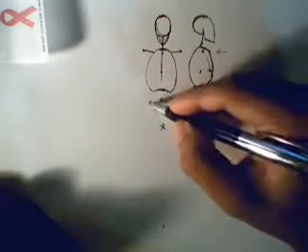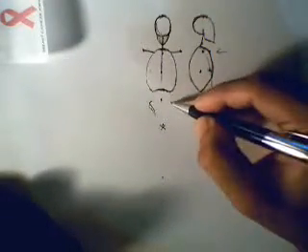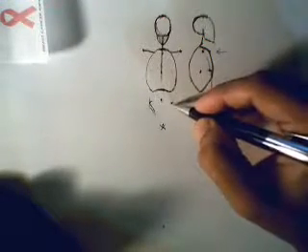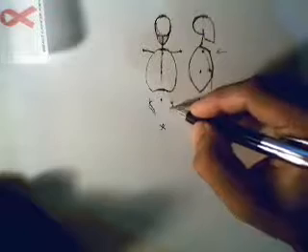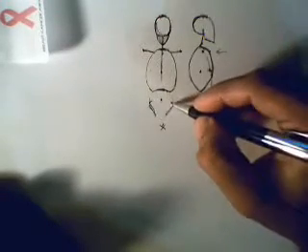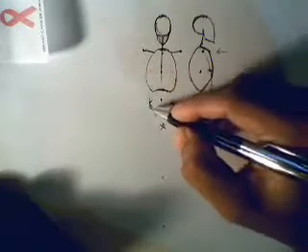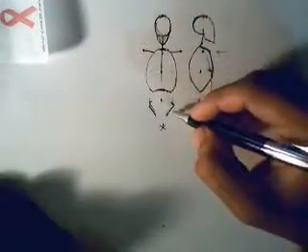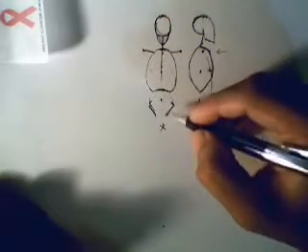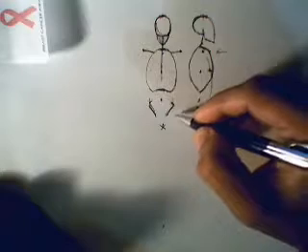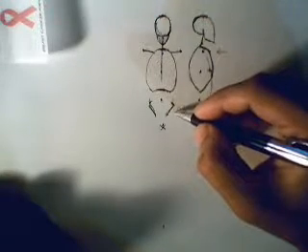Just make a line going down to represent the hip area, and we'll get into a deeper understanding of this area later on in the next few lessons that are about to come up. But here we're really interested in the simplification design of it.